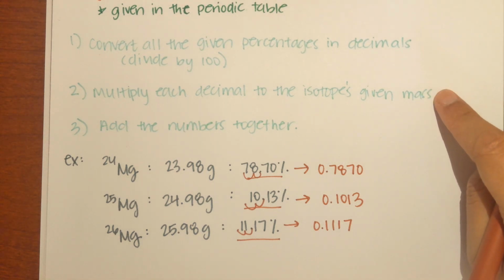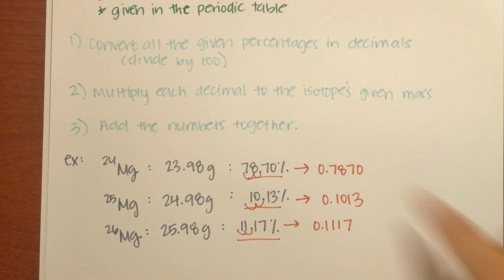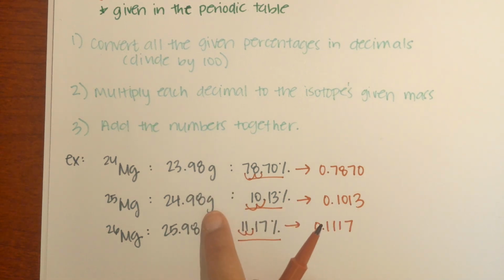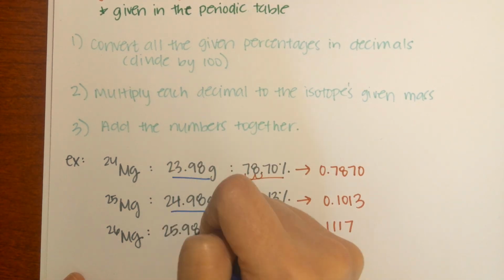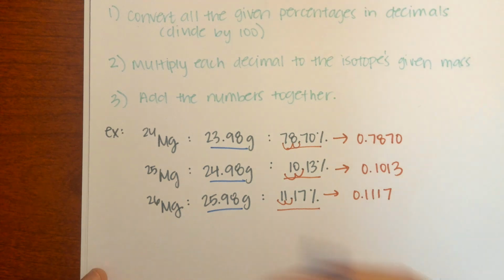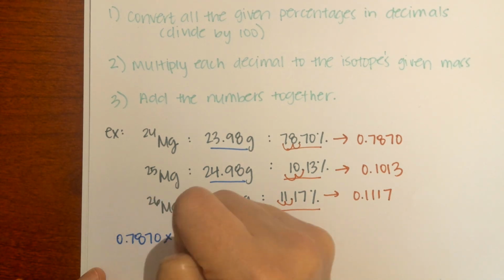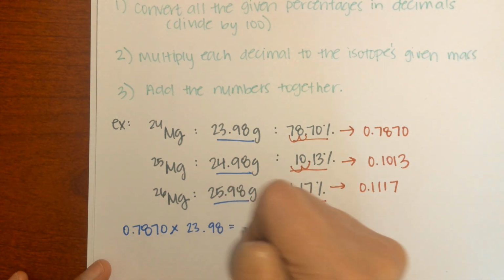Step 2, multiply each decimal, the decimals that we just solved, by the isotope's given mass. So this decimal times this mass, this decimal times this mass, this decimal times this mass. We'll get 3 separate numbers. I like to color code just so I know what I'm doing. So 0.787 times 23.98 will equal a number.